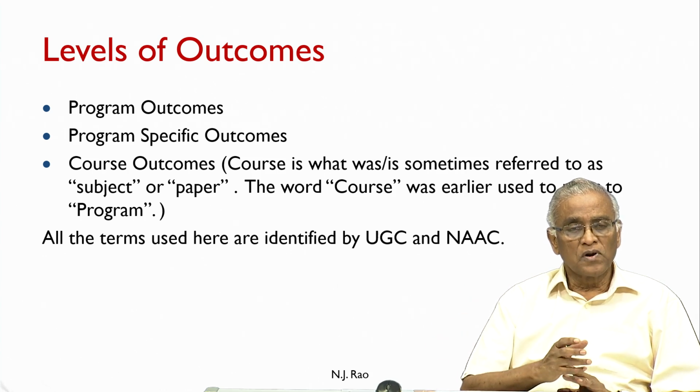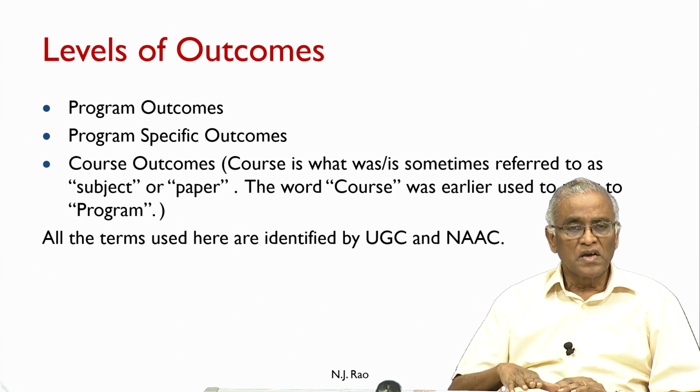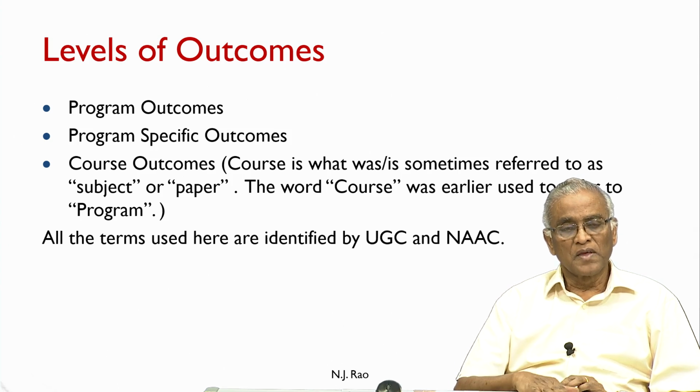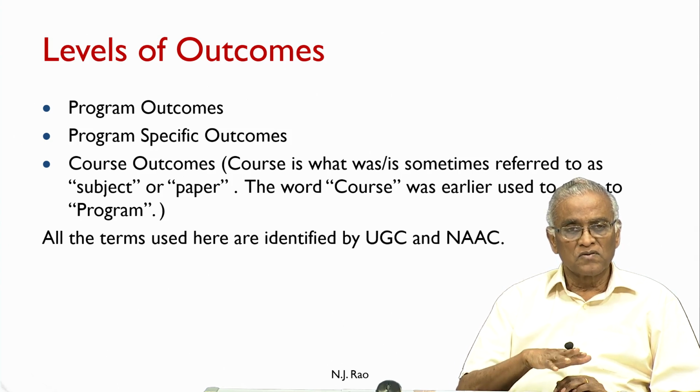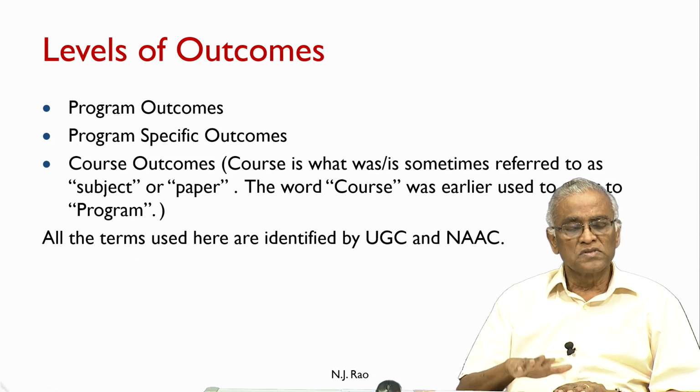Earlier this word course was used to represent a program. Even today many colleges, when they say course, it is actually program. But now these words that we are using are officially identified by both UGC and NAAC. So we urge all faculty in all institutions to use these words.